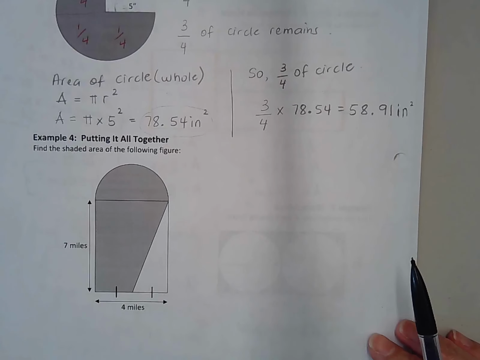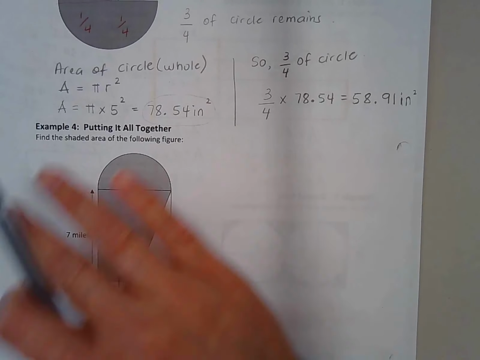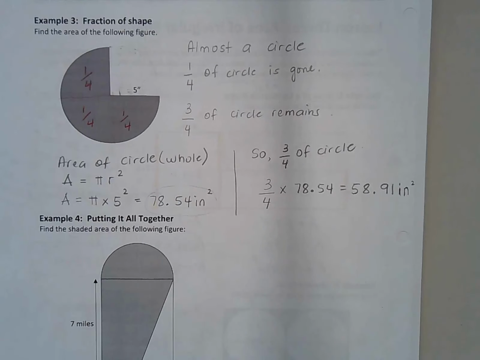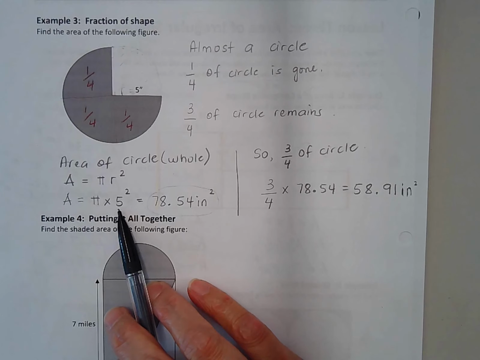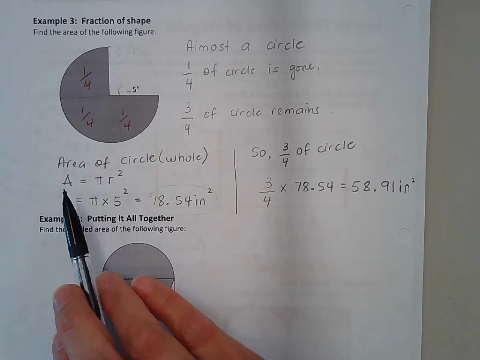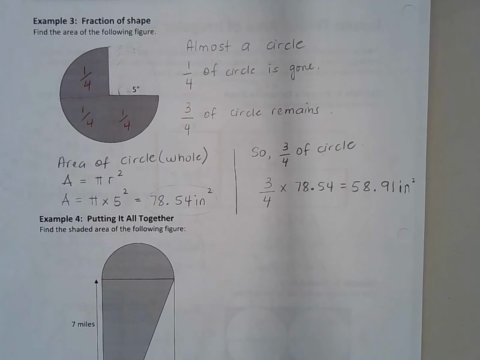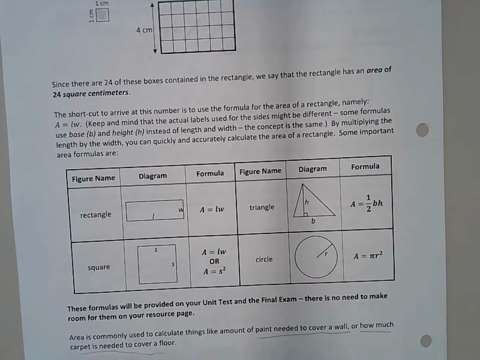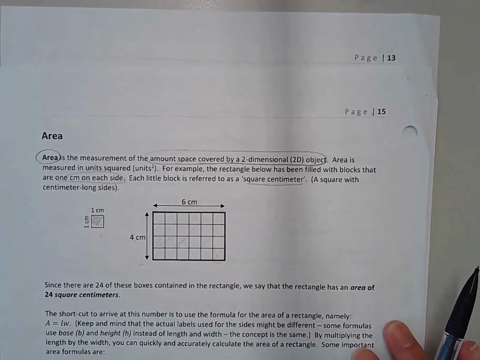Okay, let's take a look at number 4. In this formula, where is the 5 squared? Right here. When you look at this formula sheet, this is on page 15.